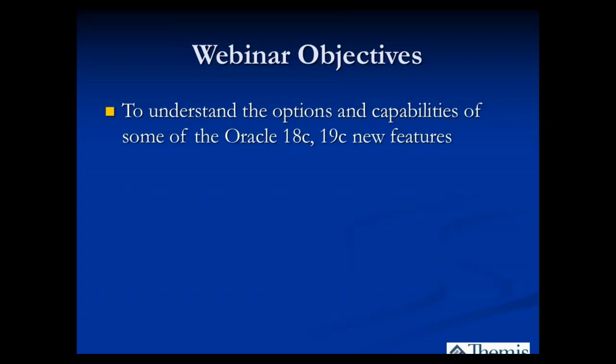We have to pay attention to when previous releases might be de-supported a little bit more closely as well. So 18c came out, and a lot of people were still in 12c, maybe release 2. Like I said, 18c and 19c are really just later releases of 12c.